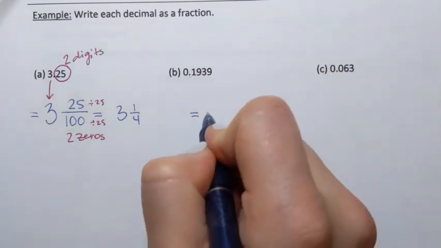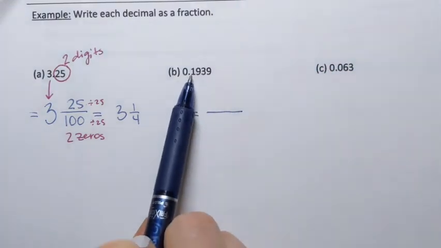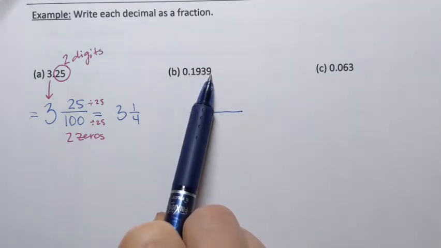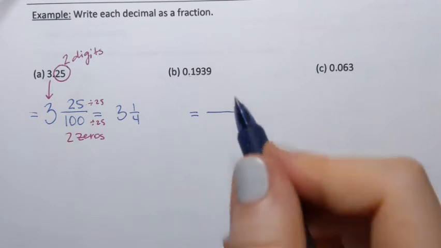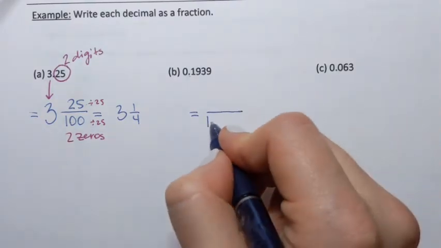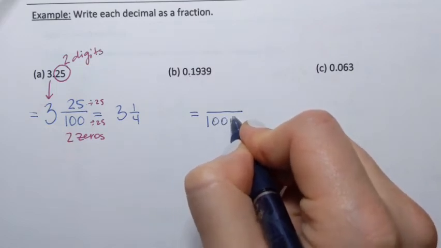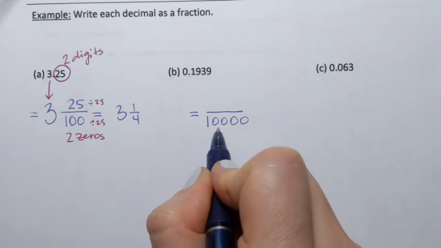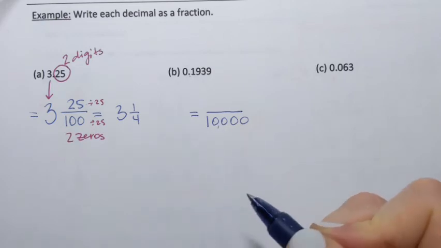Let's start with the denominator. Let's count the number of digits after the decimal point. It's 1, 2, 3, 4. 4 digits after a decimal point. That means that's how many zeros I will have in the denominator. 1 and 1, 2, 3, 4 zeros. What number is that? 1, 2, 3, comma. Looks like it's 10,000, right?